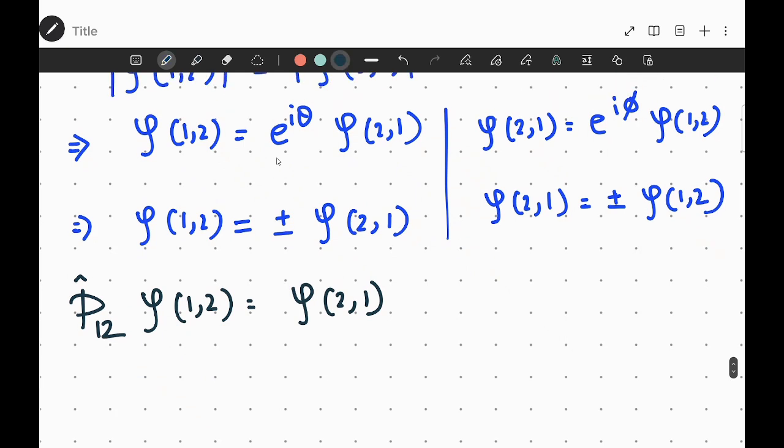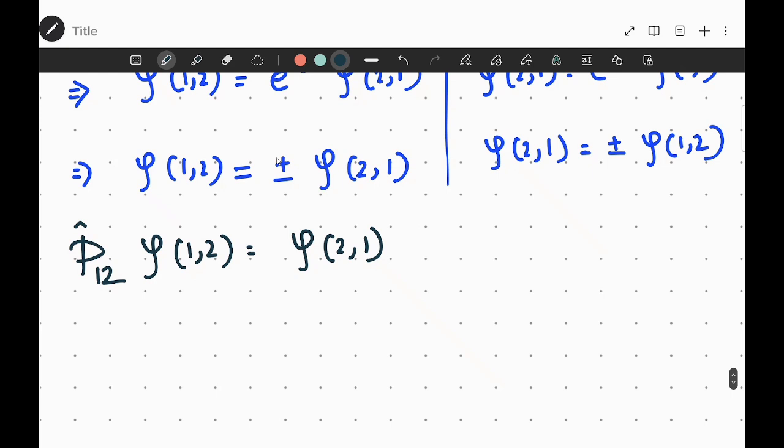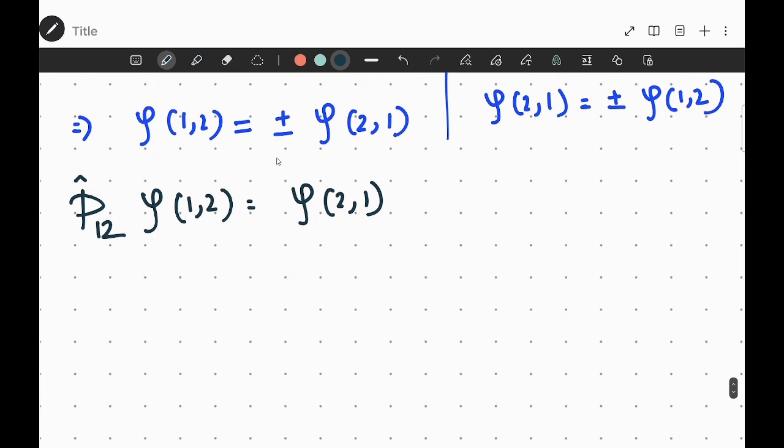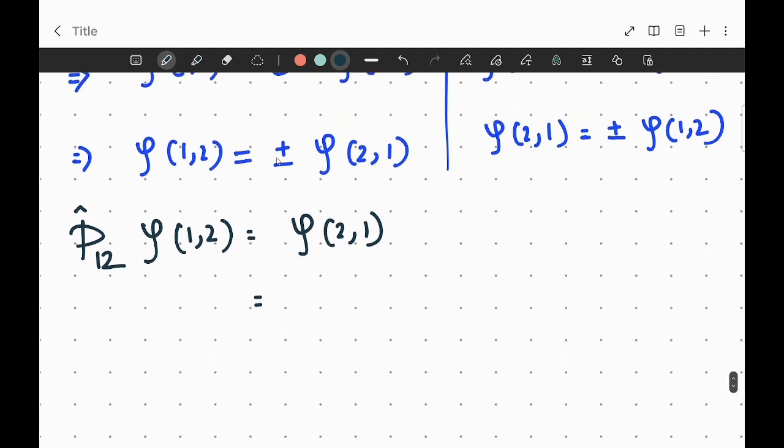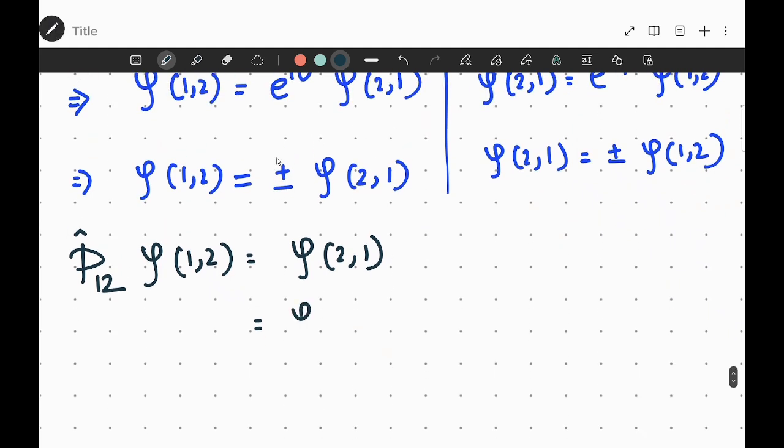Okay, so this psi 2 1, what can you write now? Just look carefully. Two times you can write psi 1 2. So psi 2 1 is essentially two options. It is phi 1 2. Is it correct?